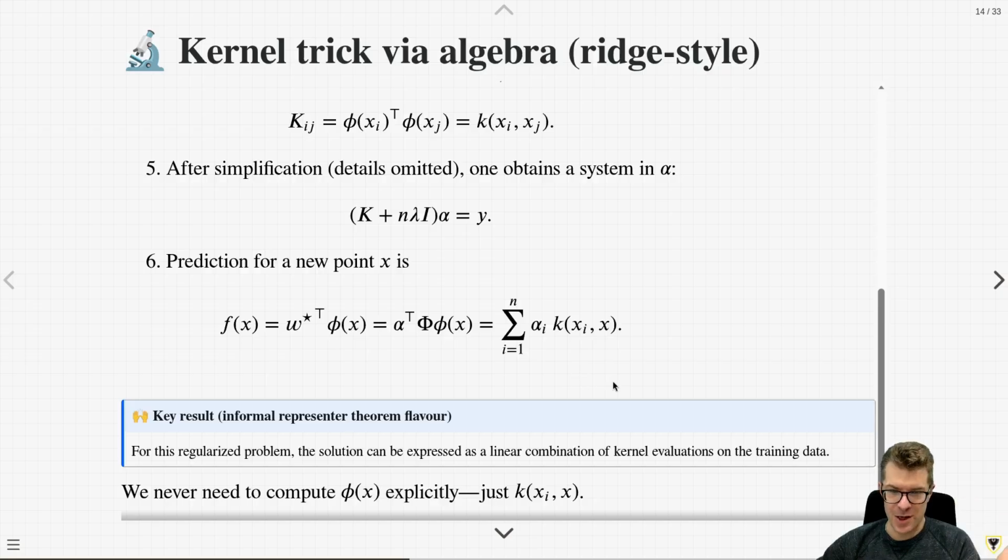If you're doing a good old-fashioned squared loss with L2 regularization, using a feature map, and the feature map allows you to compute the kernel matrix, which is just the big square matrix of all of the pairwise kernel comparisons between data points in the training data. And the kernel, again, can be linear, RBF, polynomial, whatever you choose, whatever is valid.